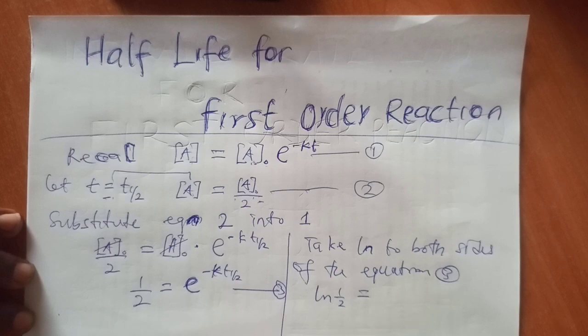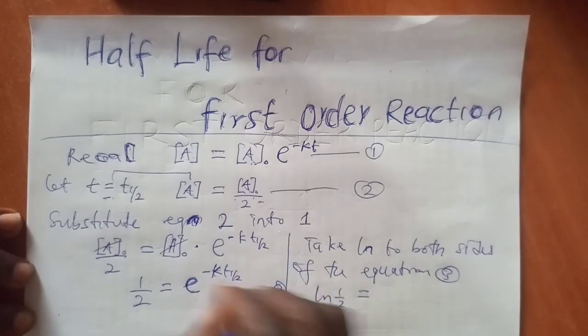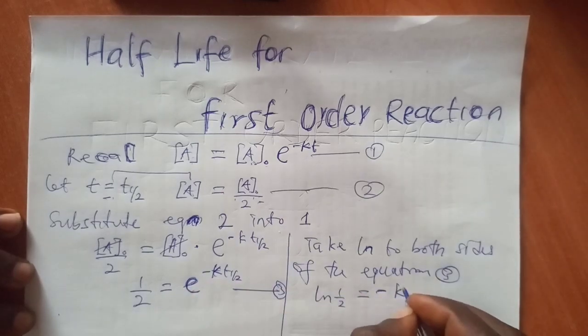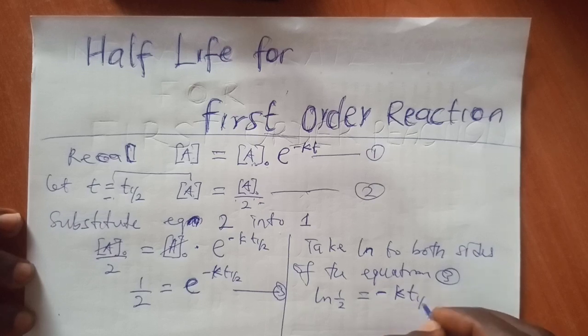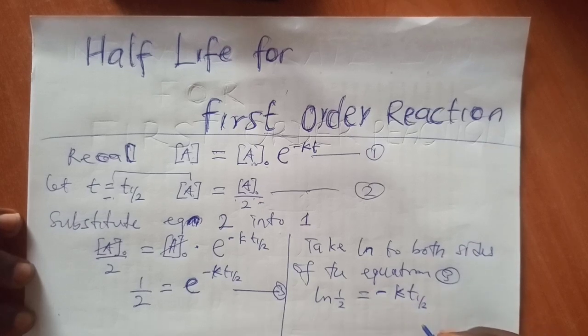I believe you are a chemist and a learner in chemistry, so just understand that this exponent is a form of ln. Bringing in ln here, it will cancel out, remaining minus k t half.